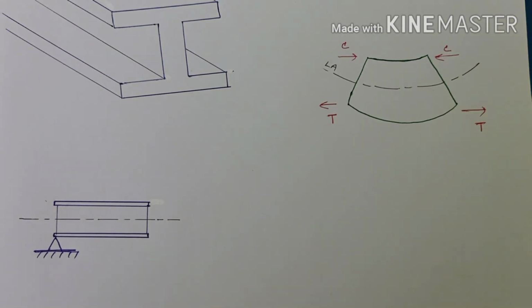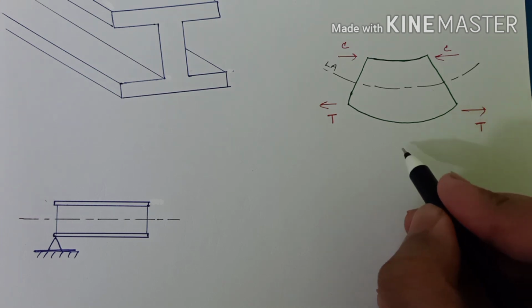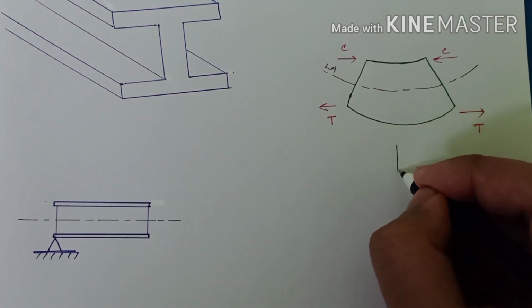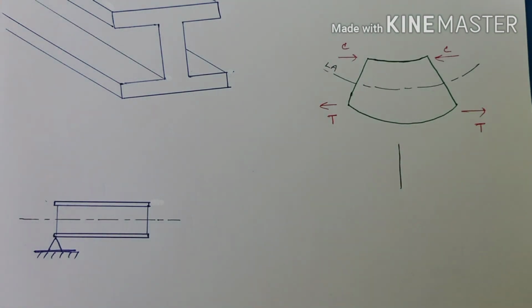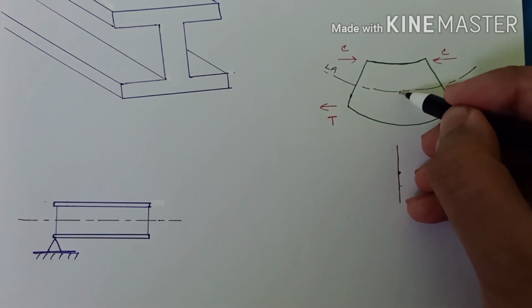Now if we want to draw a stress profile of this particular diagram, we will see something like this. So this is the mid of the beam, that is this, okay?